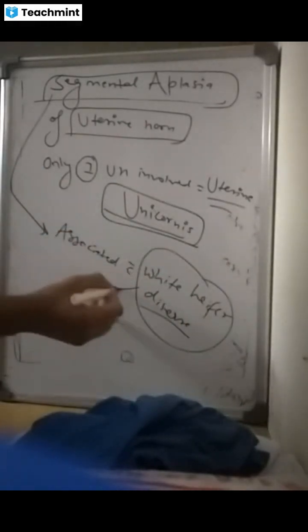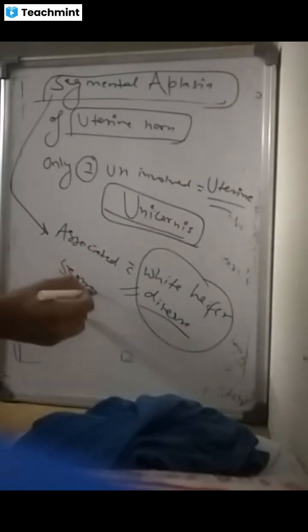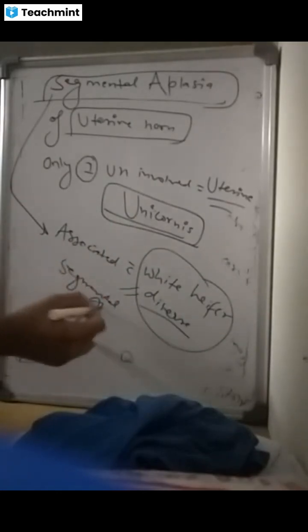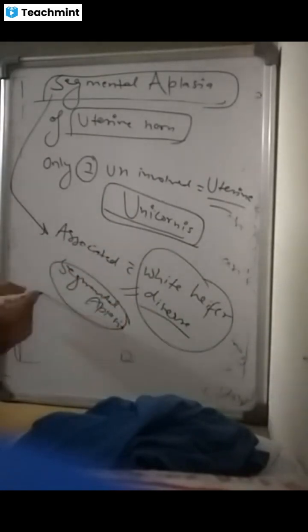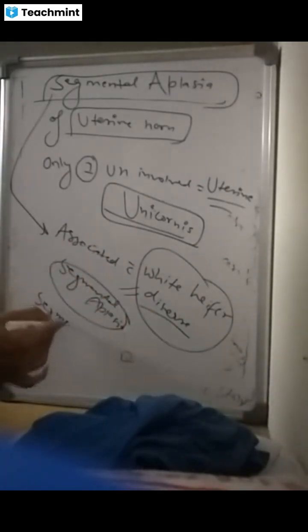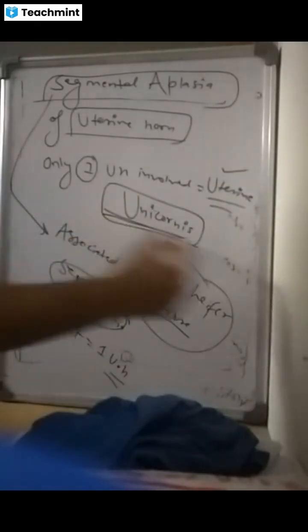This may be found in white heifer disease because white heifer disease involves segmental aplasia. If the segment is equal to the whole horn, then this is called uterine unicorn.